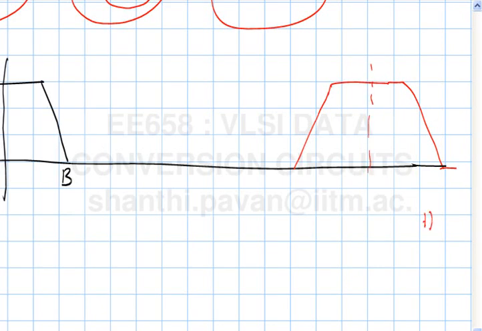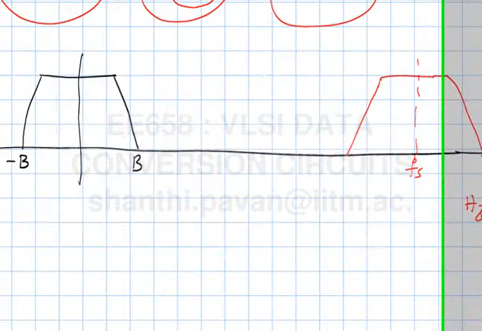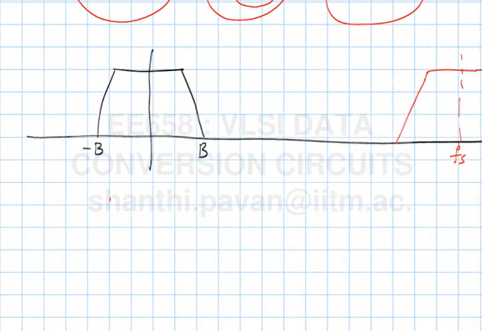All this is now in hertz, so this should be Fs. B will correspond to a discrete time frequency of 2 pi times B by Fs.